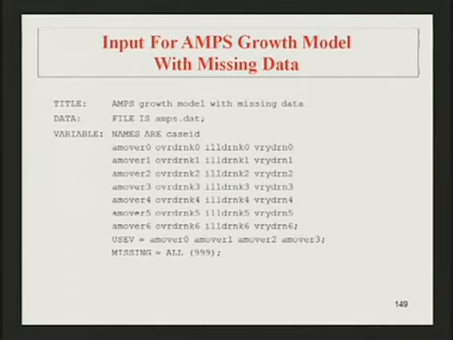And here's the input. We have the variable list here, and we're going to use these 4 y variables. And here's the key statement for saying what the missing data symbol is. That is typically 999 for all variables in my applications, but maybe different in your applications.